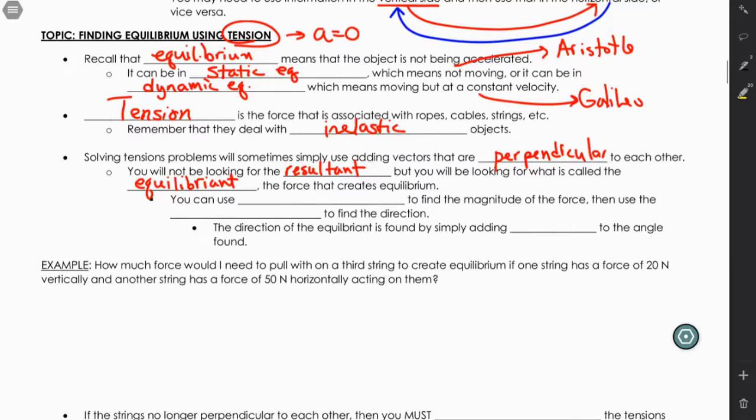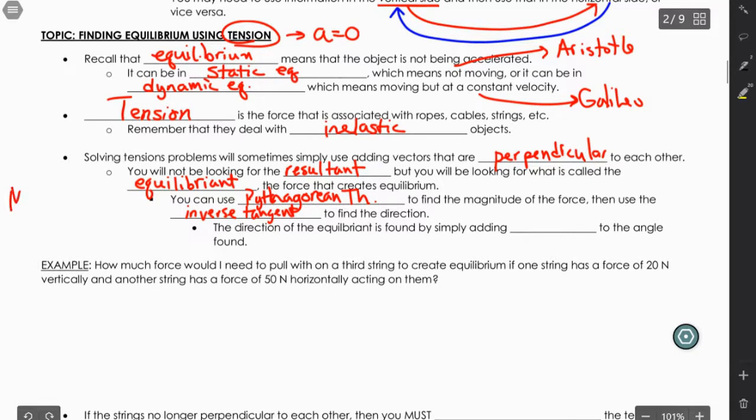So now you can use the Pythagorean theorem to find the magnitude of the force, then use the inverse tangent function to find the direction.